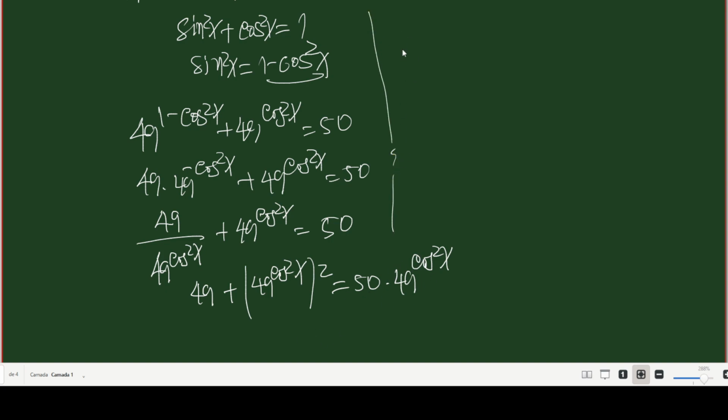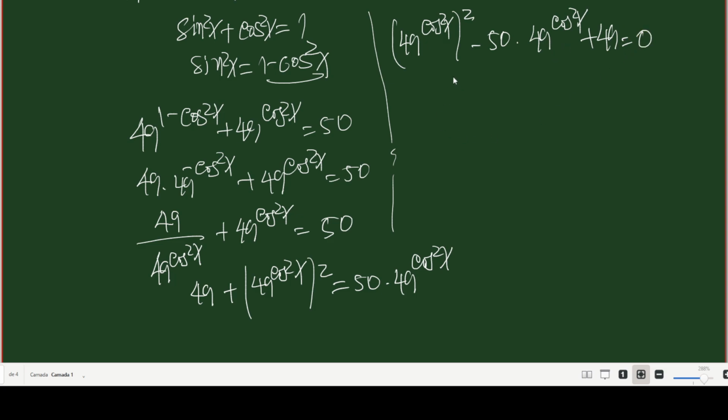Then we're gonna have 49 to the power cos square of x, and this is squared, minus 50 times 49 to the power cos square of x, plus 49, and then this is equal to 0, actually, right?